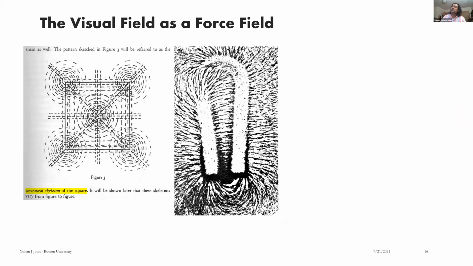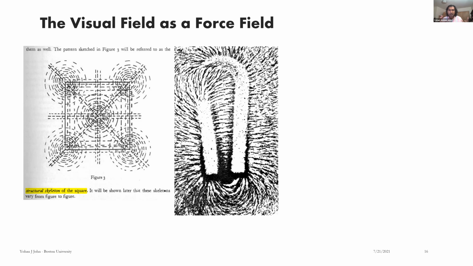So this idea of a visual field as a force field is much more specific than one might originally think. When people started to use the word field, they really were thinking of magnetic and electric fields. They were thinking that things in your visual field are not just like things in a field of grass that has no wind, just sitting and having no effect on each other.